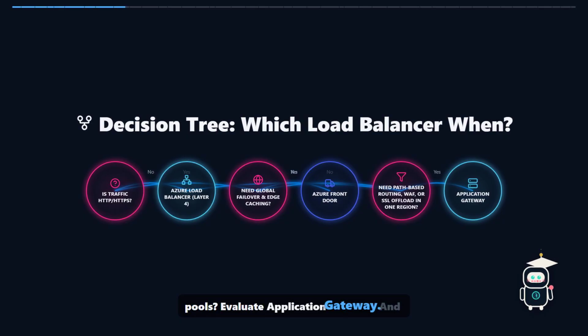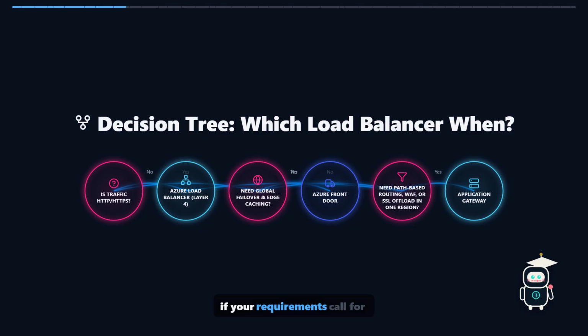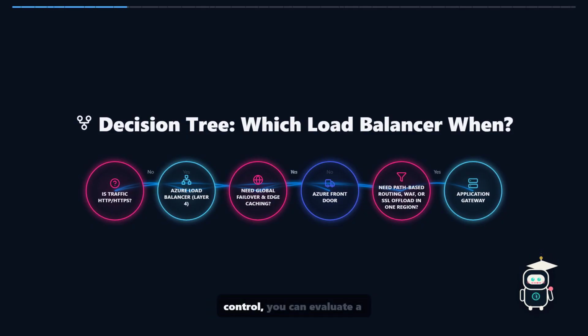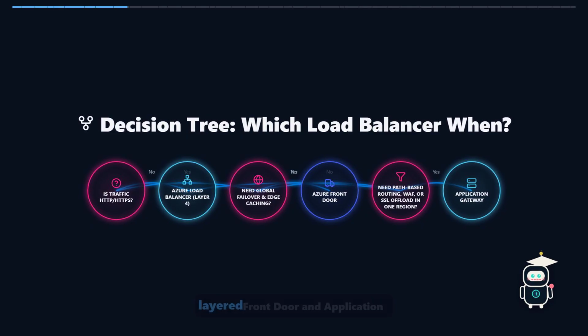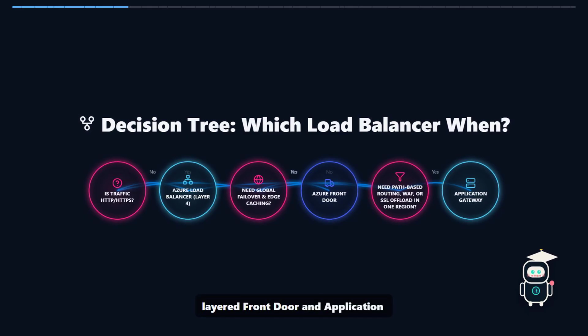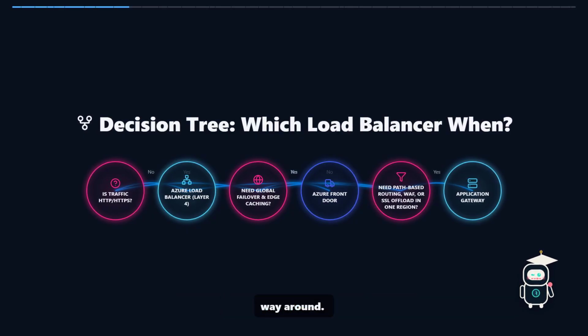Evaluate Application Gateway. And if your requirements call for both a global edge layer and additional regional Layer 7 control, you can evaluate a layered Front Door and Application Gateway architecture. The requirement picks the service, not the other way around.